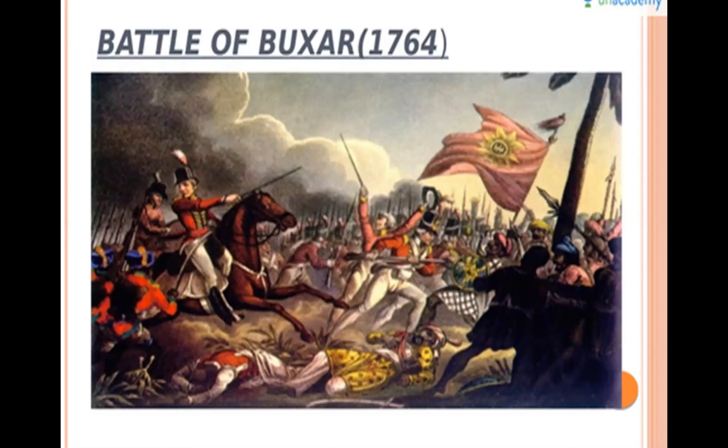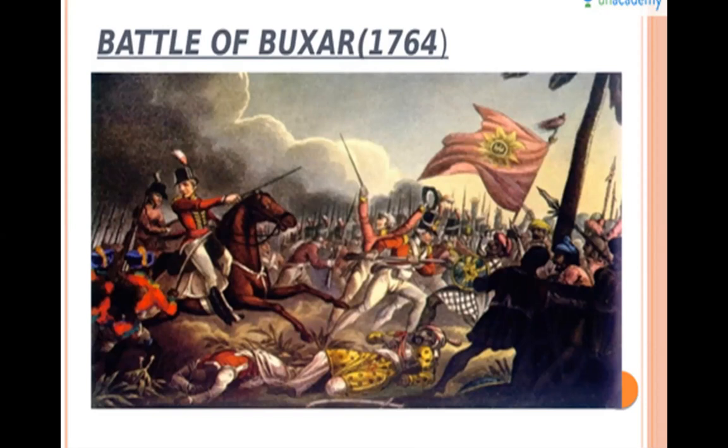The Britishers won the war, and with this Bengal, Awadh and the Mughal Empire came under British control. To handle the situation, Robert Clive was called back, and this is how the British East India Company, a trading company, emerged as a political power. And now it started interfering in the politics of India.